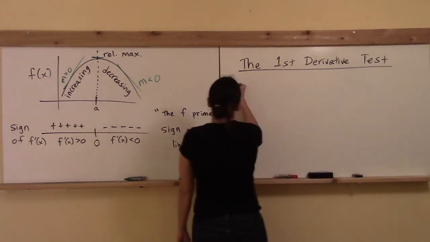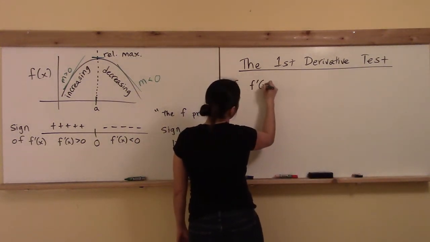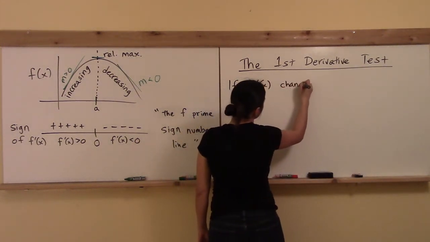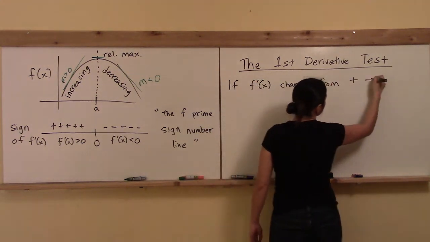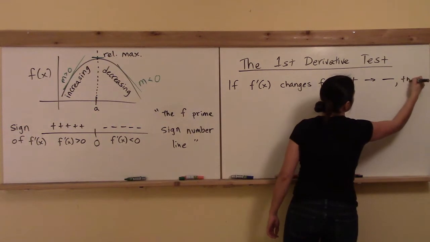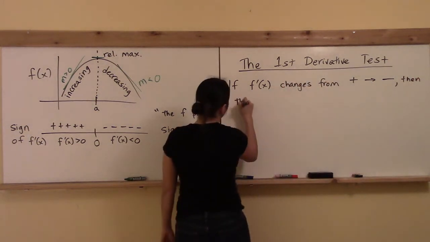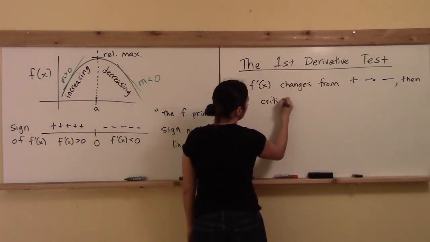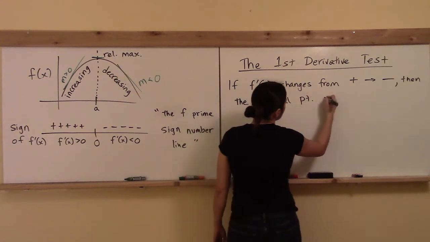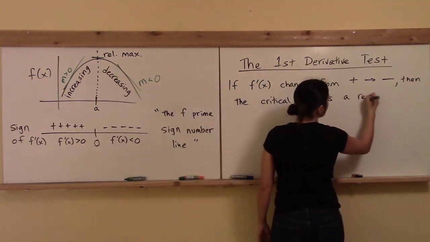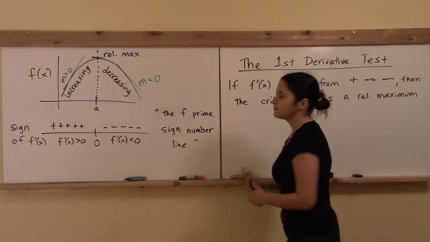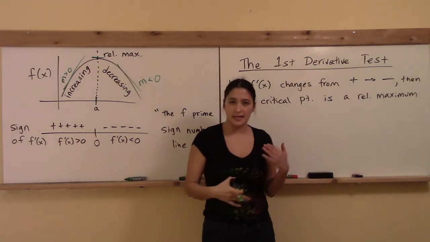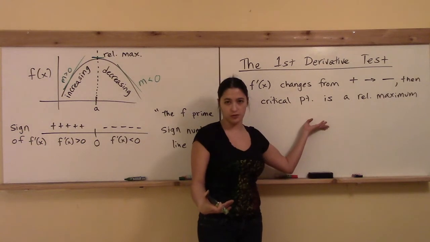Okay? If the derivative f prime of x changes from being positive to being negative, then the critical point is a relative maximum.